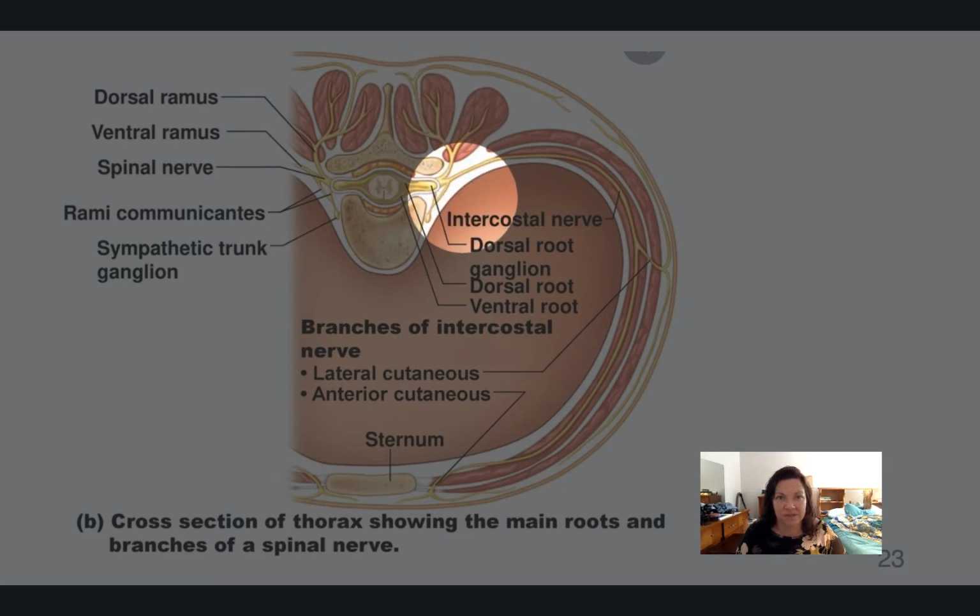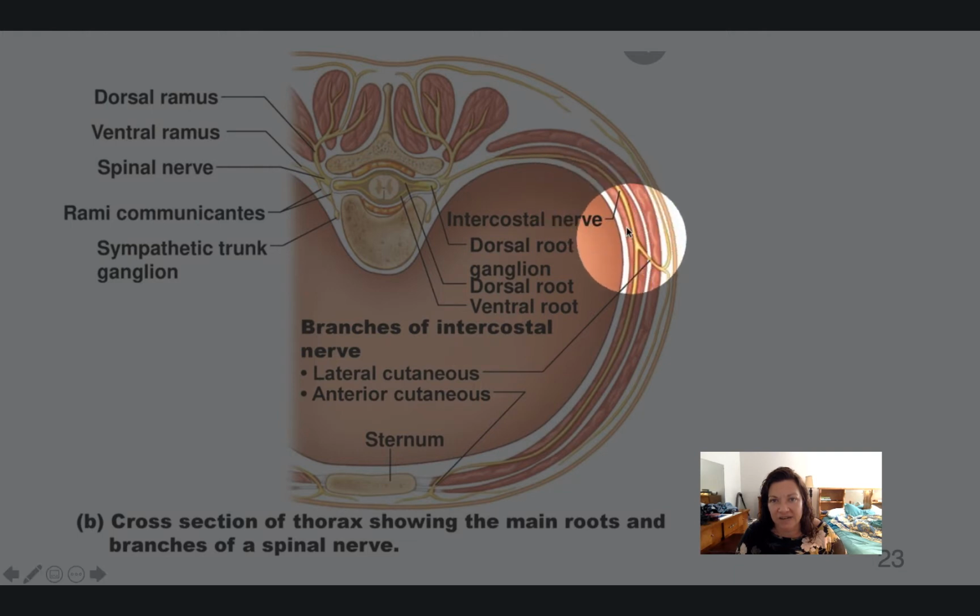And then we have the relatively large ventral or anterior ramus that branches to supply most of the musculature of the body, as well as most of the skin. And in this case, it's the intercostal nerve arising from that anterior ramus and entering the intercostal space to travel all the way around the circumference of the thoracic cage.